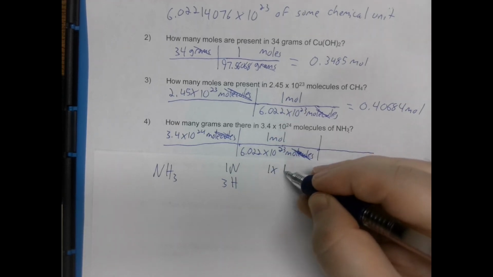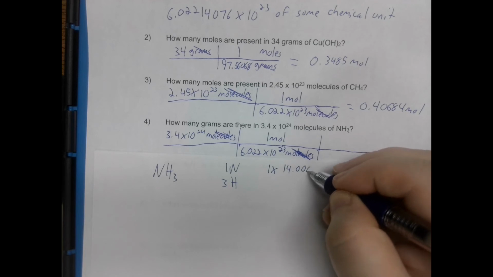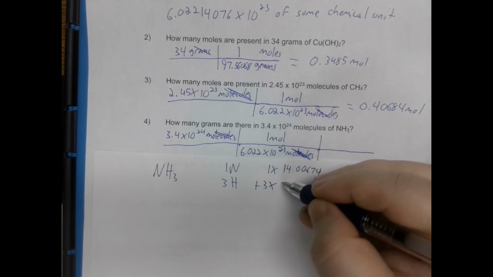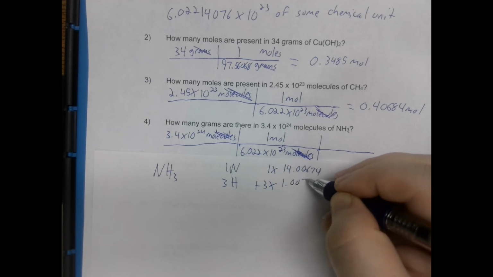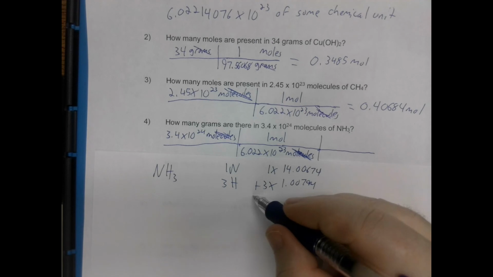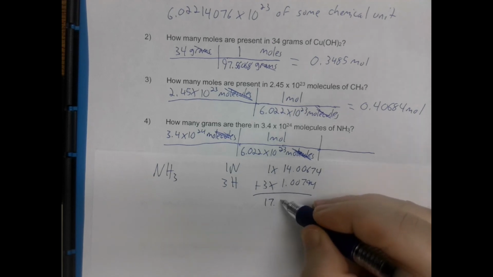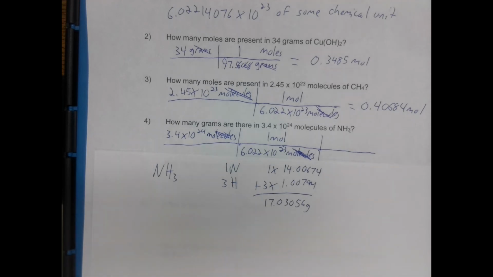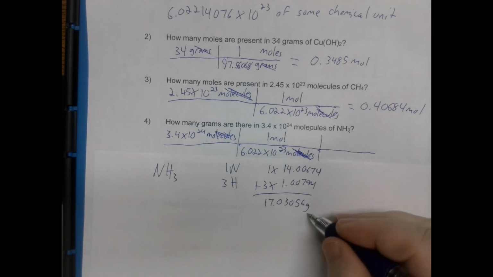So 1 times 14.00674 plus 3 times 1.00794. And that gives us 17.03056 grams per mole.